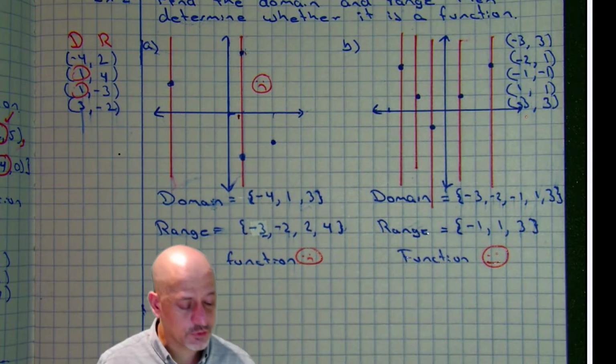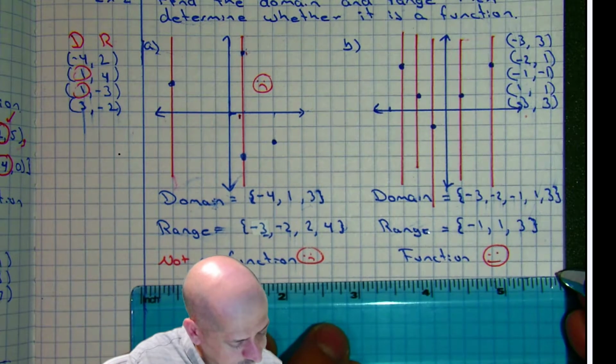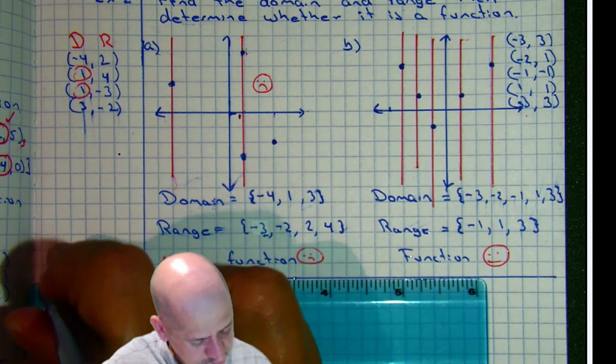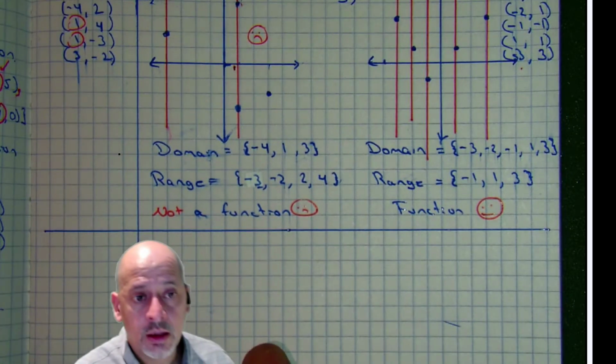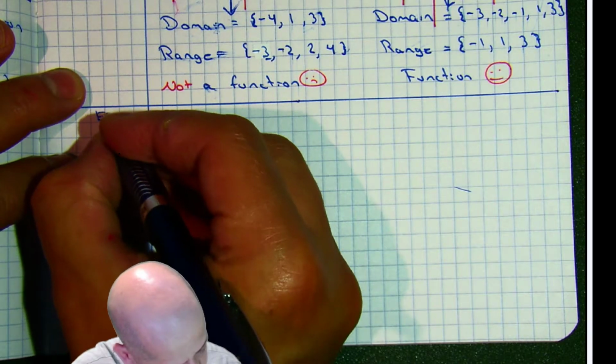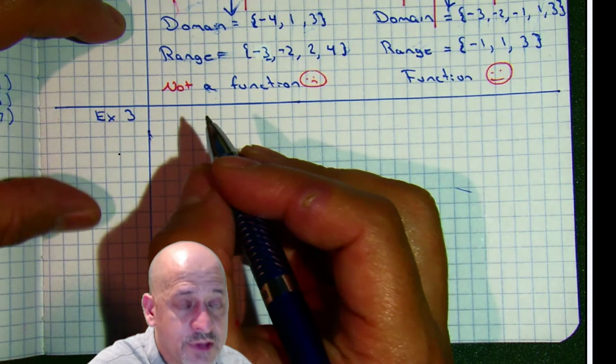And the last example for today, example number 3. On the next one, we're just going to determine whether they are functions or not. And we're going to make some nice graphs. Example number 3. Determine whether the graphs are a function.